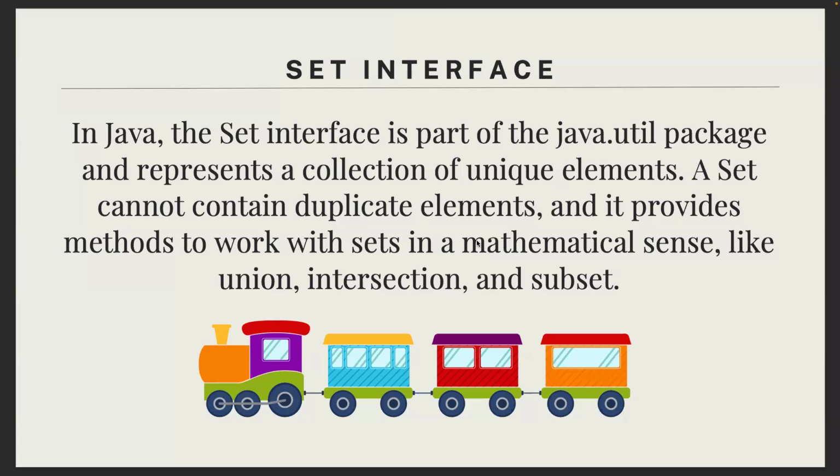But set interface is a collection which does not allow duplicate elements. It provides methods to work with sets in a mathematical sense, like union, intersection, and subset. I don't know what that means, but all you have to know is that set does not allow any duplicate elements. What does it mean?